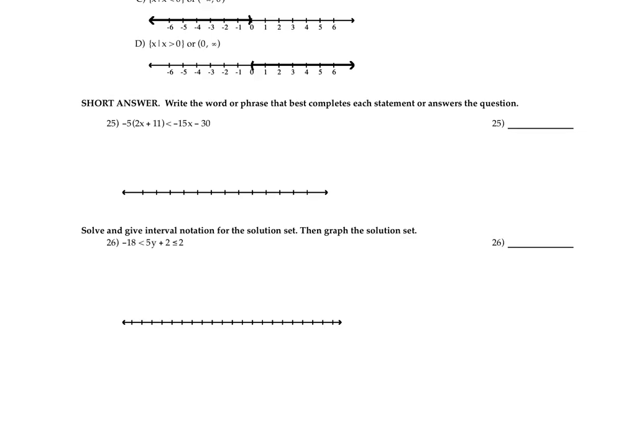The difference between 25 and 26, this one is just a simple inequality because we only have one inequality in it. This one is a compound inequality because we have two inequalities. But what do we assume the word to be on number 26? An "and" or an "or"?